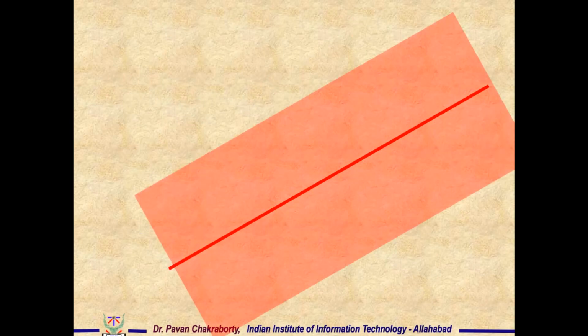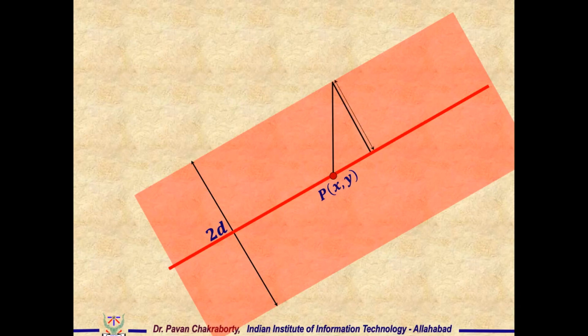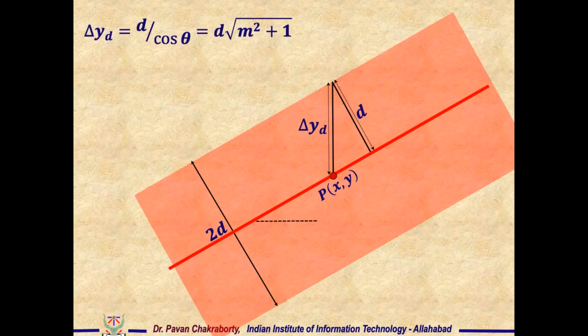Now if I take a broader line, this is to make the diagram much clearer. I have this pixel P of xy, and I have this distance d, which is the perpendicular distance to the center of the line. And I need to calculate again delta yd.